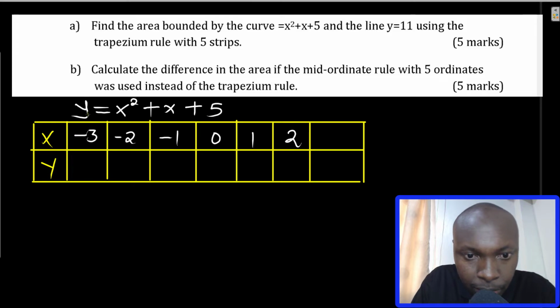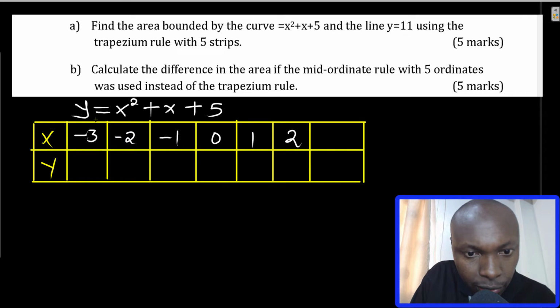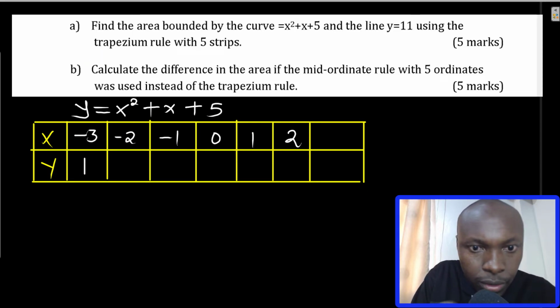I just need to substitute when x is equals to -3, substitute in that function and get the corresponding value. So when x is -3, I'll just do that one very fast. You substitute x is -3 here using a calculator. You get 11.